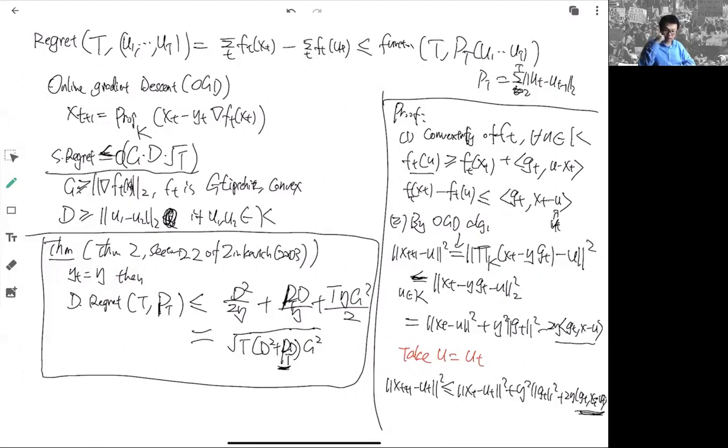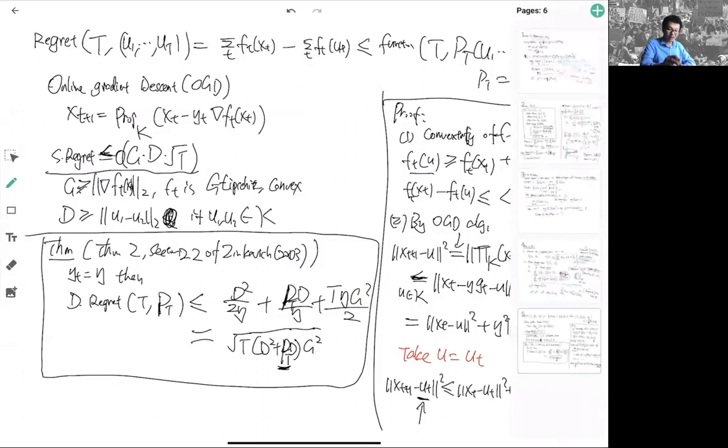But there's one trickiness. You must have already seen this: previously we were constructing telescoping sums. When constructing the telescoping sums, we need these two terms to somehow cancel out. Ideally, in order to construct the same kind of telescoping sum, the trouble is that here this is ut, but not ut plus 1.